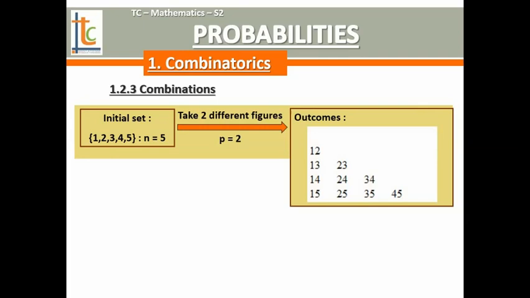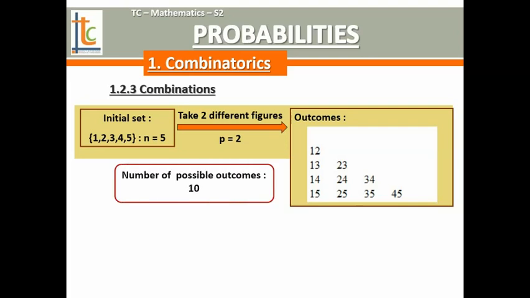Now the outcomes are these ones, and there are 10 outcomes, whereas earlier there were 20 permutations. So combinations can be seen as a part of permutations.